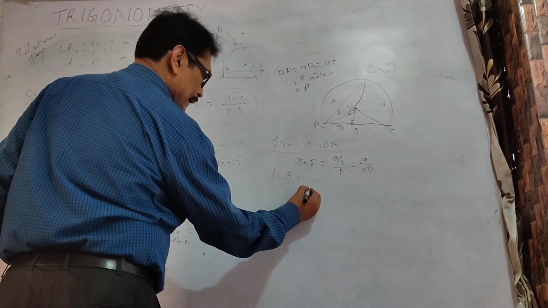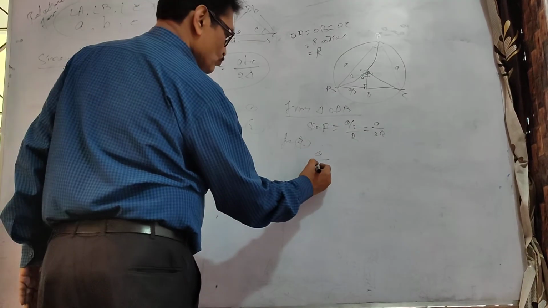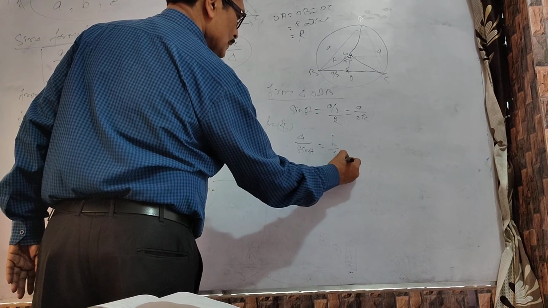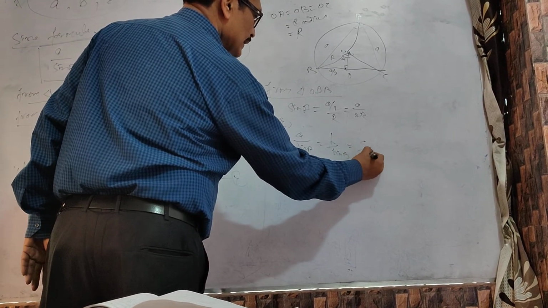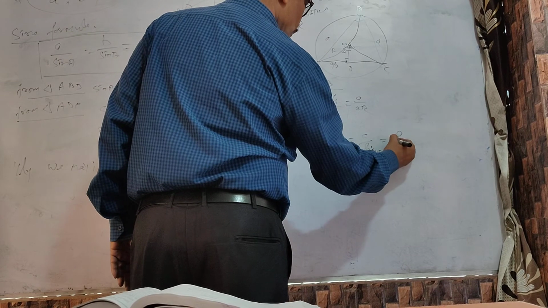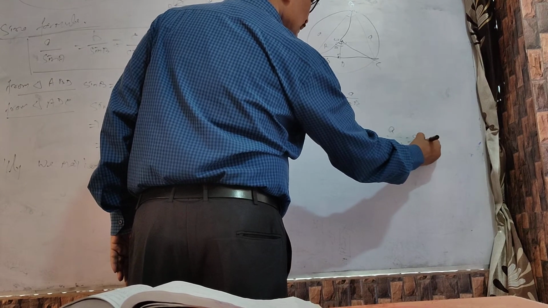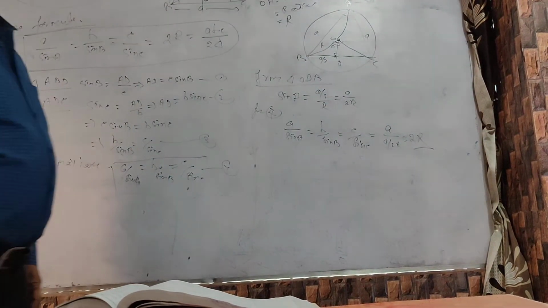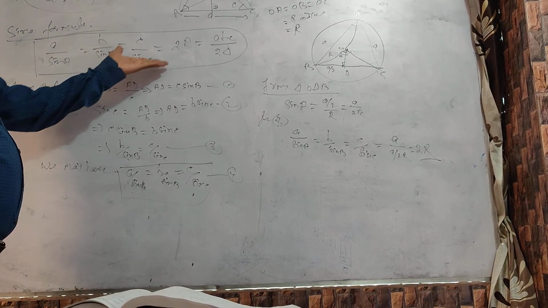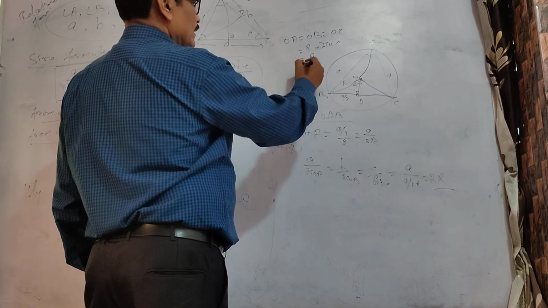So this becomes a by sin A equal to b upon sin B equal to c upon sin C, which equals 2R, where R is the radius of the circle.